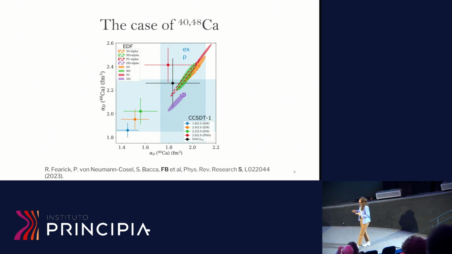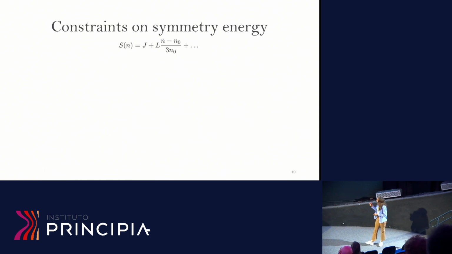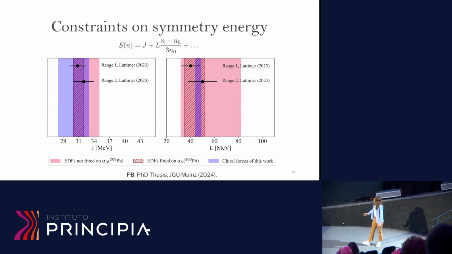And so we can think, okay, what are the constraints on the symmetry energy that we can get from these chiral EFT interactions and energy density functionals? You can see them here. In blue, we have the constraints coming from the chiral forces we used in this work, and then in red, the constraints from energy density functionals.